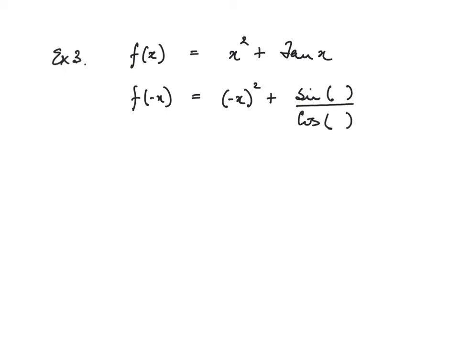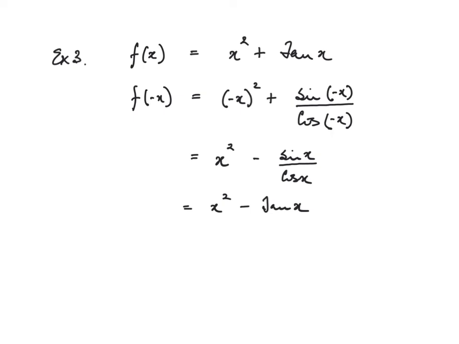And remember, we're replacing x with minus x. So minus x all squared is x squared. Now we know that sine of minus x is minus sine of x, and we know that cos of minus x is cos of x. So I'm going to change sine over cos back to tan.